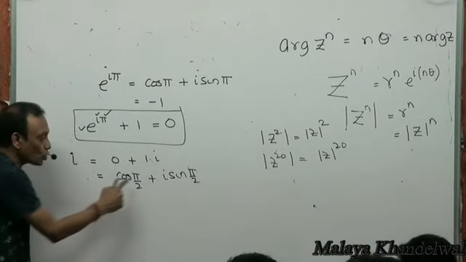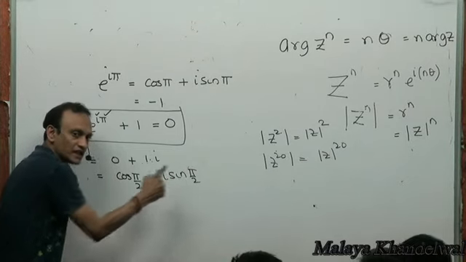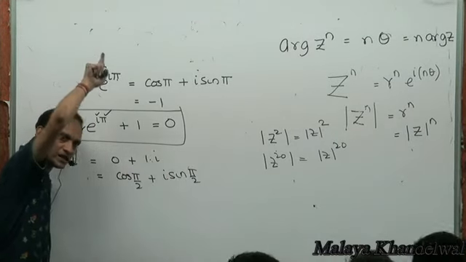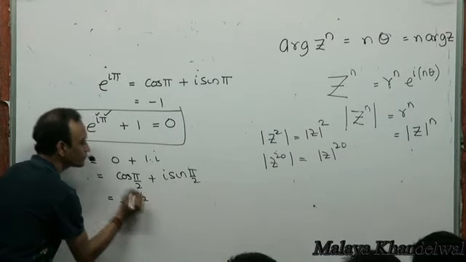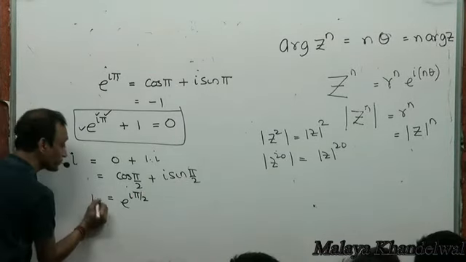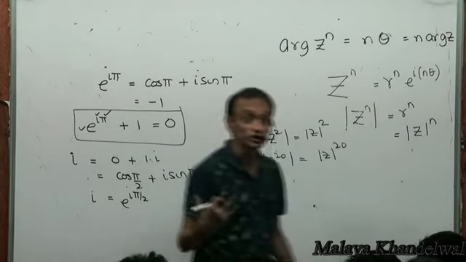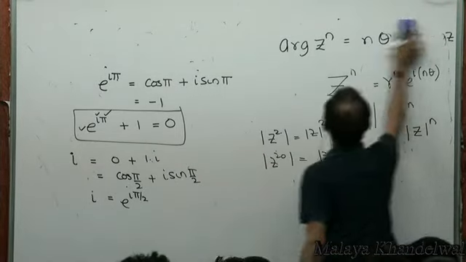Right? Cos theta plus i sin theta, which is e power i theta. So this is e power i pi by 2. That's i. i is an imaginary number, right?